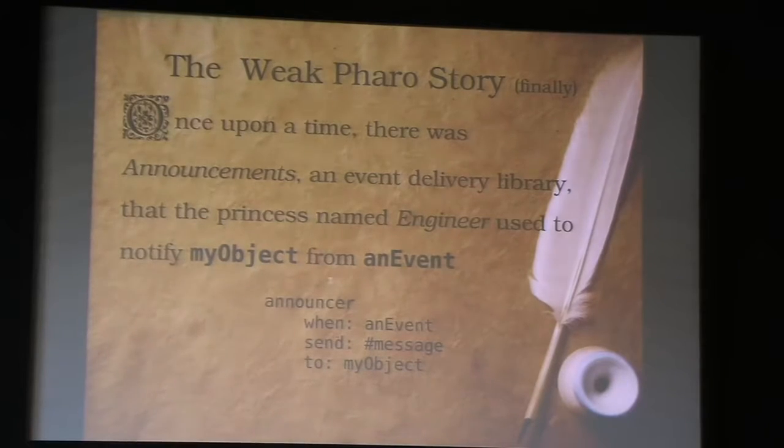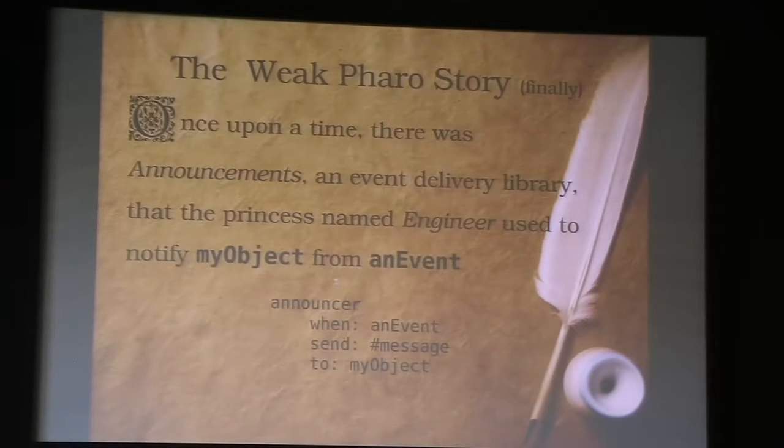And then there was a princess called engineer that wanted to notify my object from an event. So the princess was saying something like: announcer, when an event, send message to my object. Okay. So what happens if you do that, usually in Pharo? The announcer will hold a strong reference to my object.